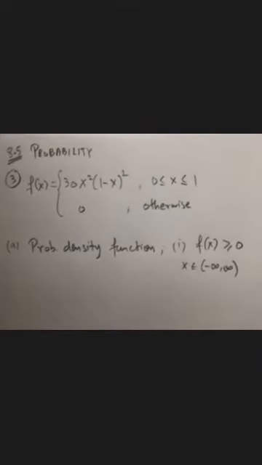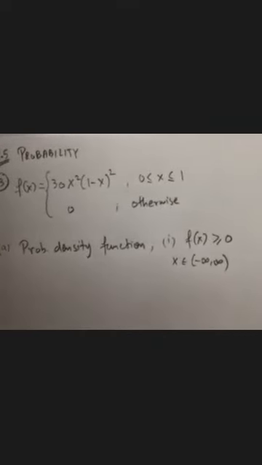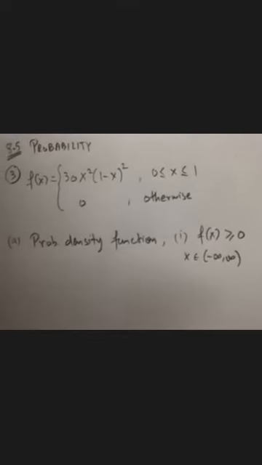And the second property is that the total probability should be equal to 1. So if the given function satisfies these two properties, we can say it is a probability density function.